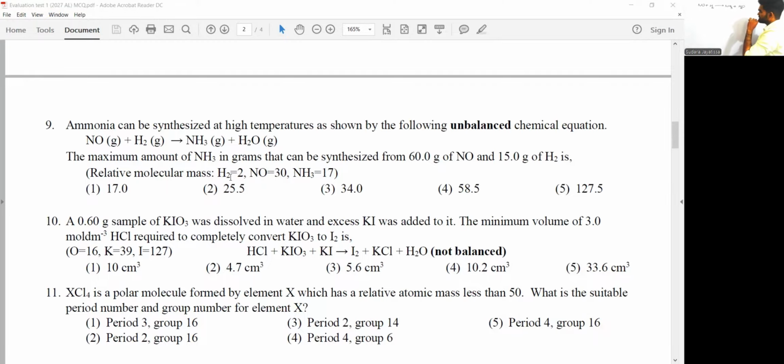They are asking how many grams of ammonia can be synthesized from 60 grams of NO and 15 grams of H2, and they have given the relative molecular masses as data.